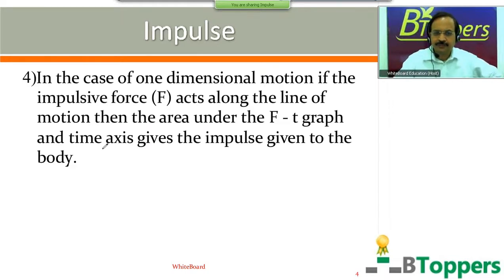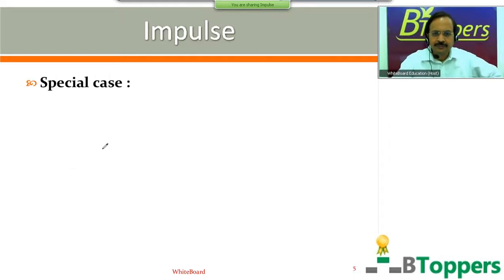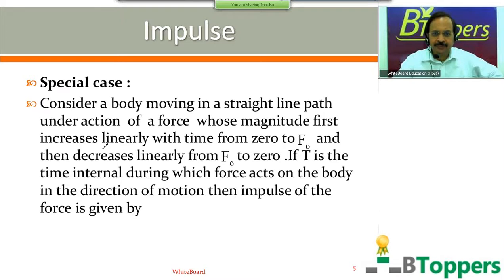I'd like to show you the next point. That is a special case. Consider a body moving in a straight line path under the action of a force whose magnitude first increases linearly with time from 0 to F0 and then decreases linearly from F0 to 0.